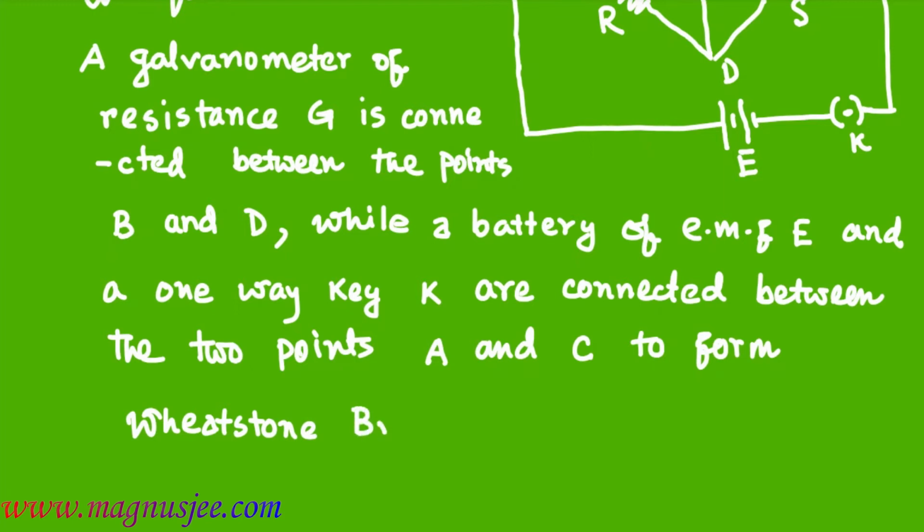A galvanometer of resistance G is connected between the two points B and D, while a battery of EMF E and one-way key K are connected between the two points A and C to form the Wheatstone Bridge.